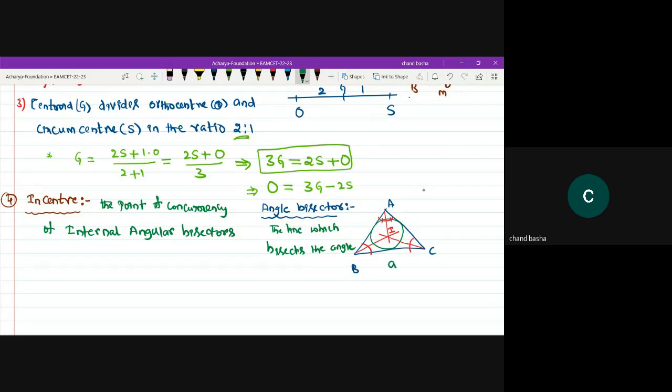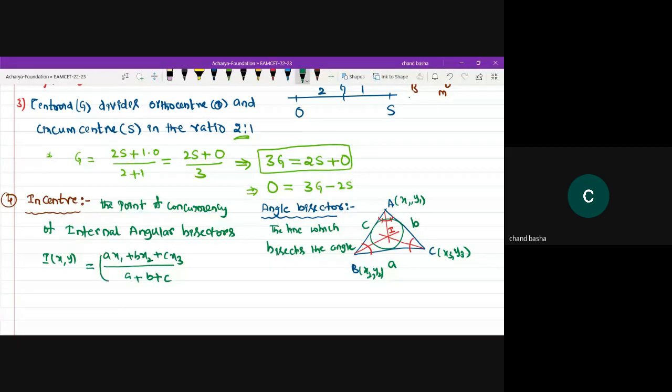I am taking the length of the side BC as a, the length of the side AC will be b, the length of the side AB will be c, whose vertices will be given to you as x1, y1, x2, y2, x3, y3. At that time, the incenter (x, y) is equal to (a x1 plus b x2 plus c x3) divided by (a plus b plus c).